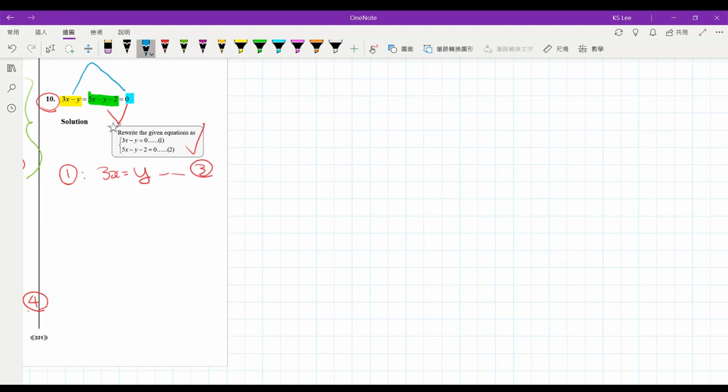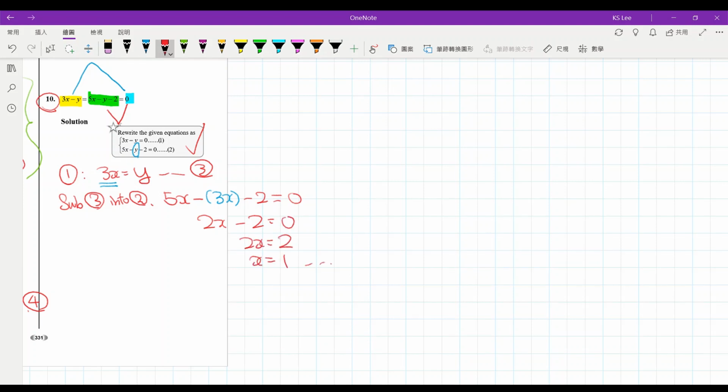So we have y as the subject here, and we are going to substitute this 3x into the second equation. And therefore, we know the value of x is 1.